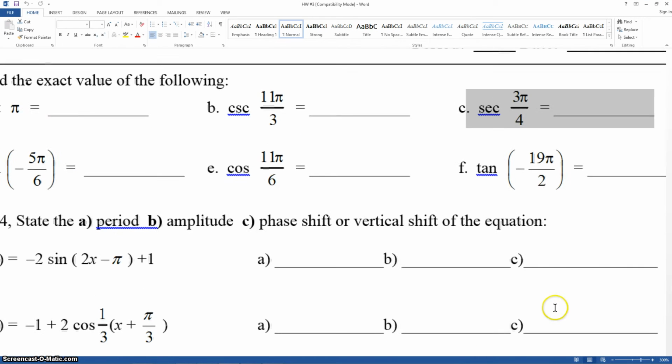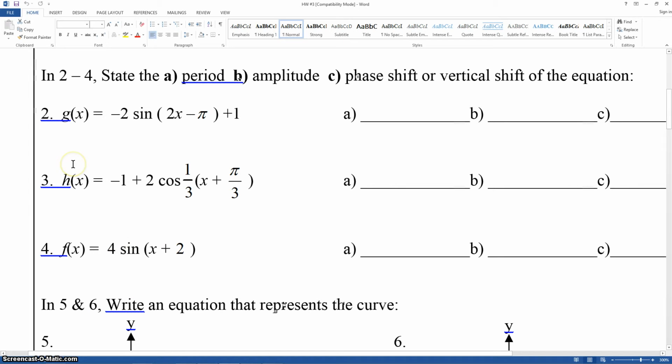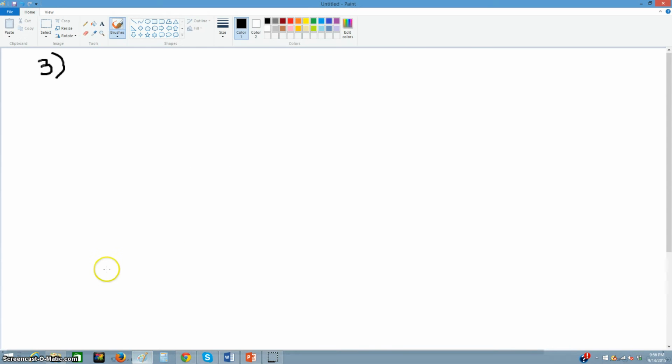Number 3 is right there. H of x is equal to negative 1 plus 2 cosine of 1/3 times x plus pi over 3. So let me go ahead and write that one down right quick.